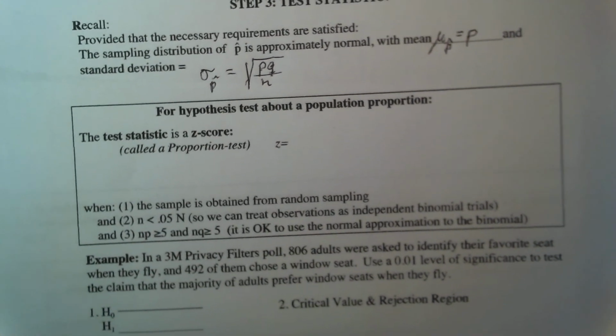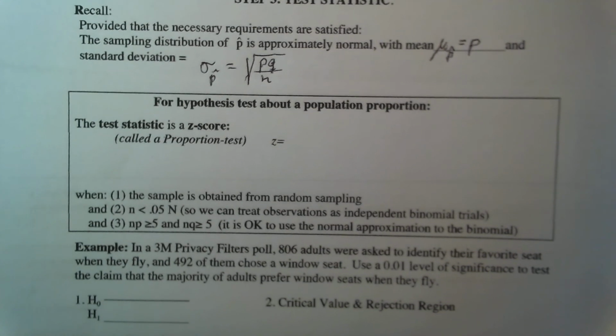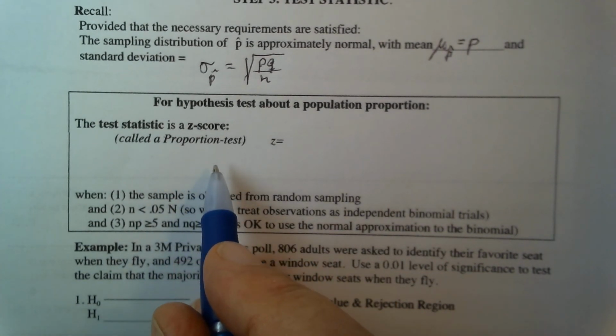So for a hypothesis test about a population proportion, the test statistic is a z-score. It's called a proportion test.